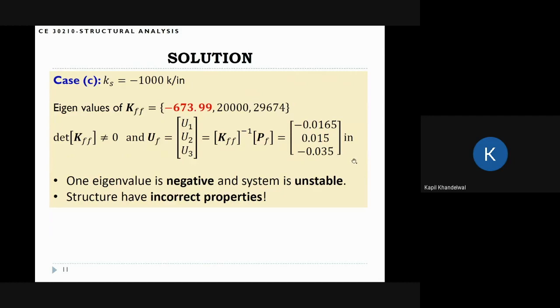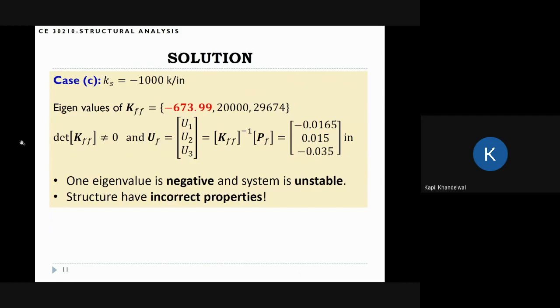But this is not the answer we are looking for, because in this case, the system inherently is unstable. We already decided that if any of the eigenvalues is less than or equal to 0, we are going to call the system unstable.